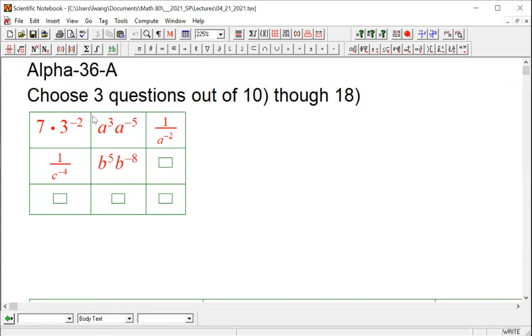That shouldn't be any problem. Over here, 1 over 2 times b raised to the power of -5. That could be a problem. The last row, 16, 17, 18, I don't anticipate any problem.